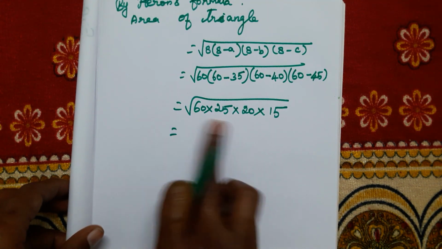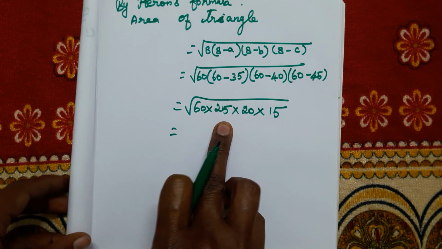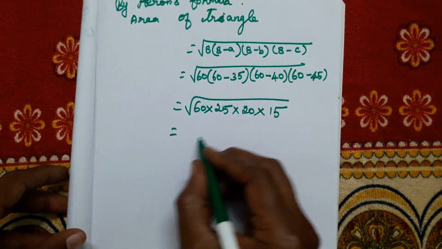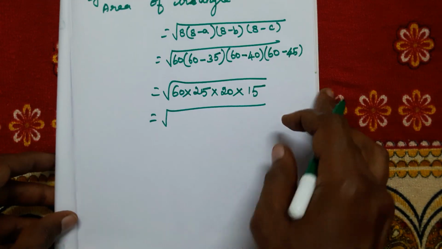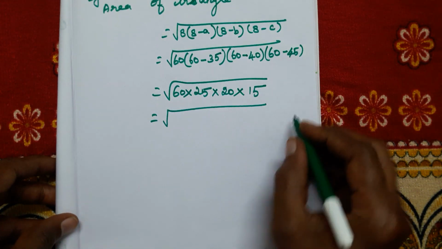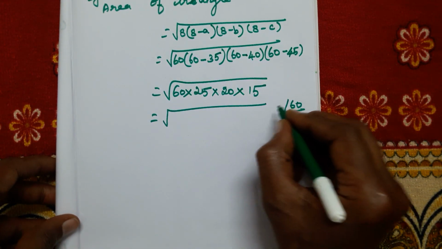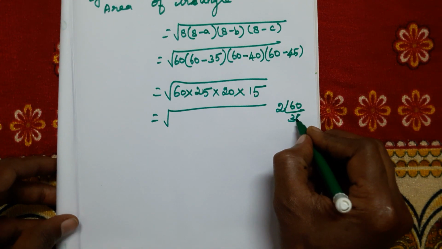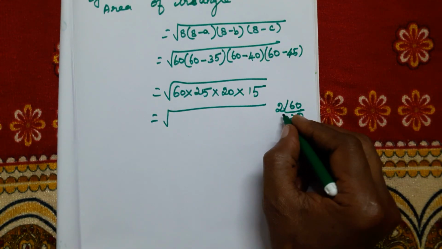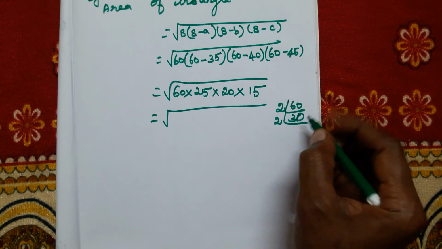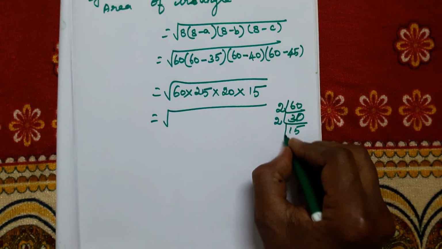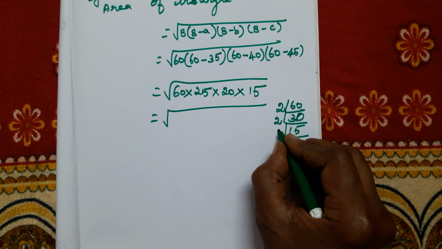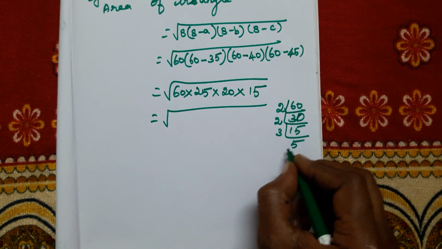You want to find the square root of this number. For that, first we have to factorize this. 60 factorizing, 2 table: 3 2s are 6, 0. Next, again we can factorize with 2 table, 30. Again we can factorize with 3 table, 5 3s are 15.